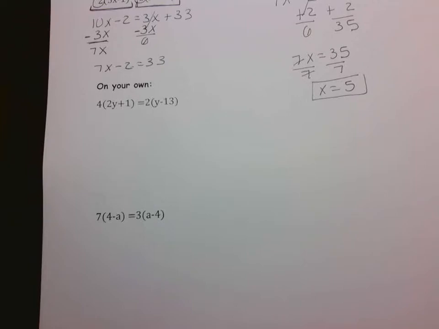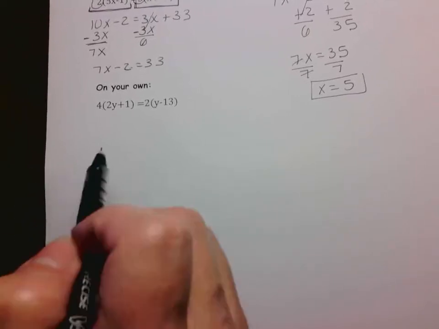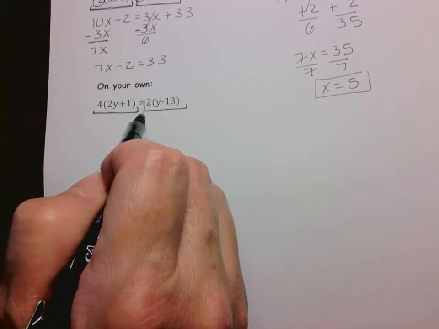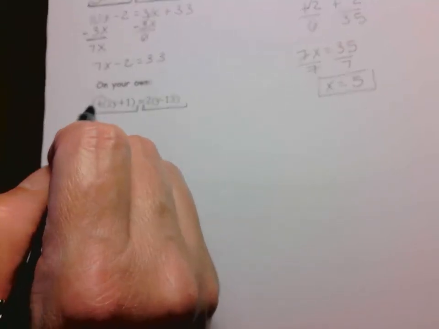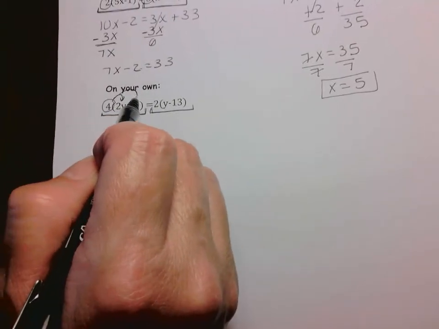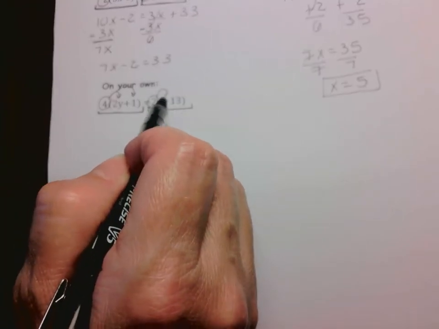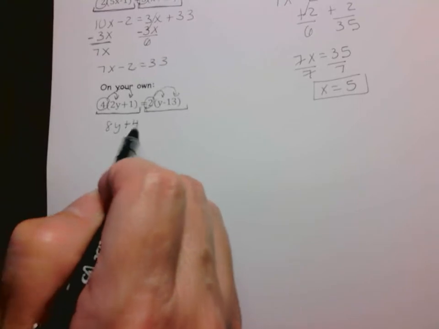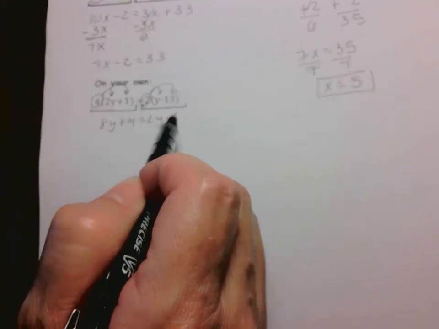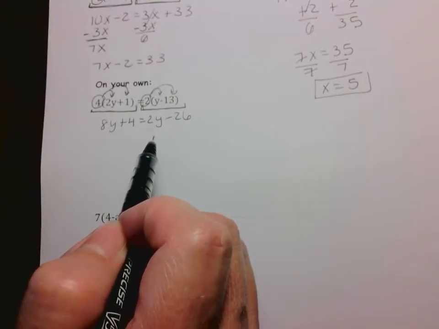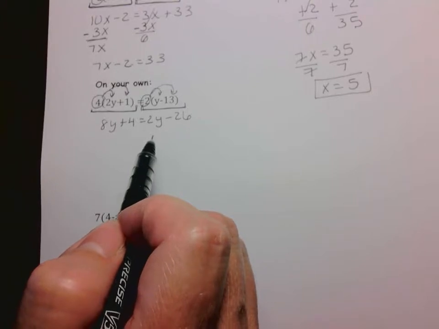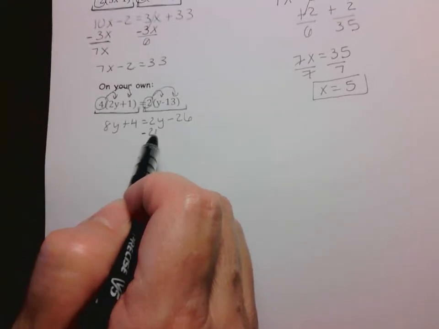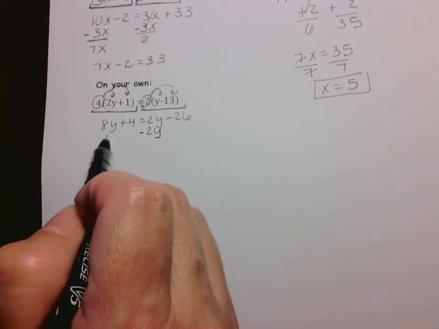Okay, let me work them out for you. I want to simplify this entire side and I want to simplify this entire side. And so how am I going to do it? I'm going to distribute out the 4 here, and here I'm going to distribute out the 2. Now that I've simplified both sides, I want to get my variables together. I think it's going to be easier to subtract 2y from both sides rather than subtract 8y from both sides.